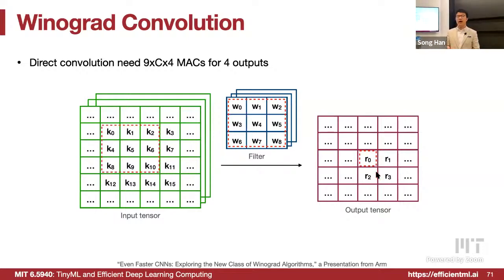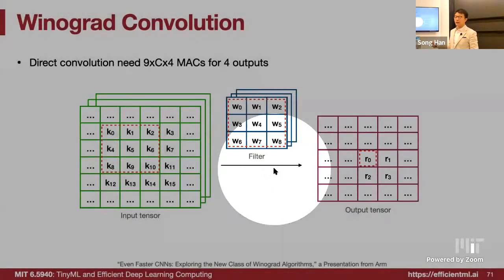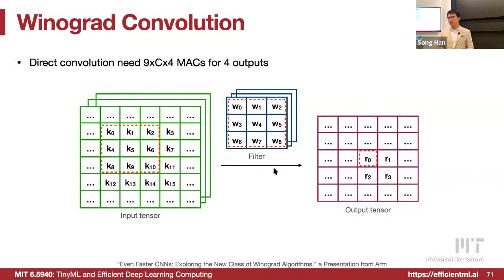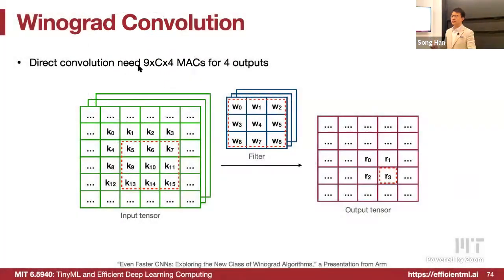For every output, we need 9 multiplications, 3x3, 9 multiplications. Another 9, 9, 9. So altogether 4 times 9 times C, since we have the C channel dimension as well. So 36C MACs to produce 4 outputs.